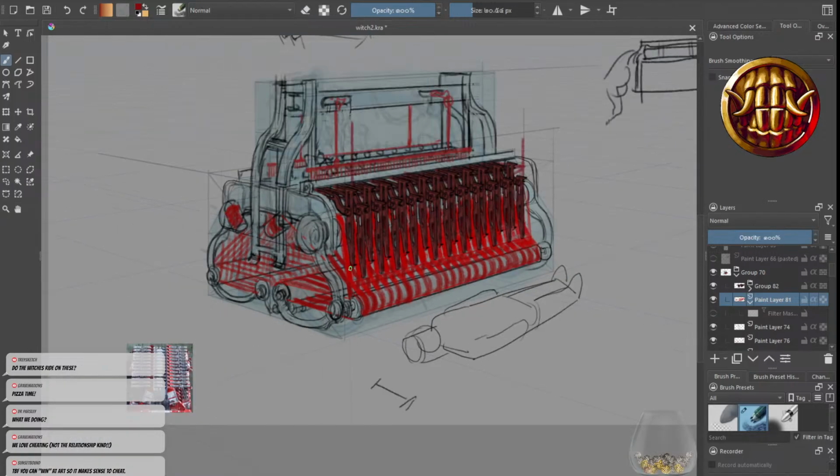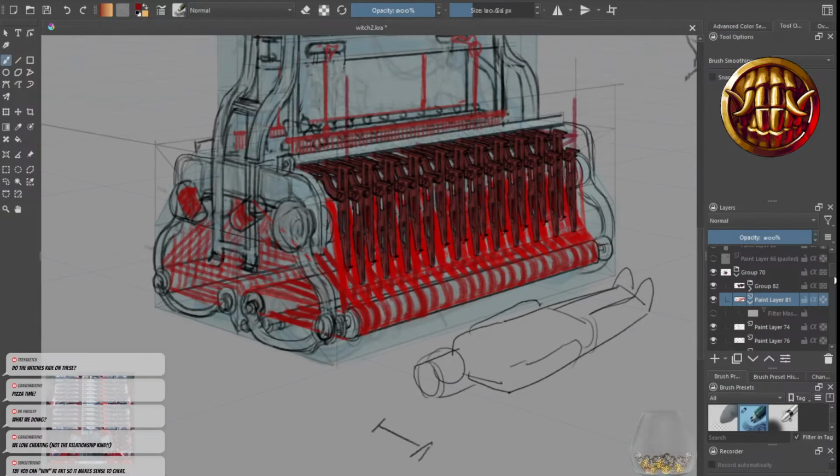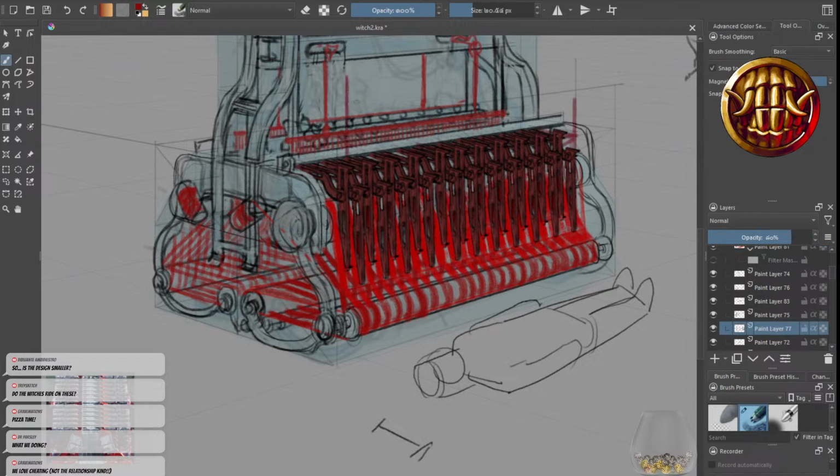And then we have to see the, oh no. We will see a little bit of the inside actually, because we're going to have to see the ends of these pins on this side of the machine.